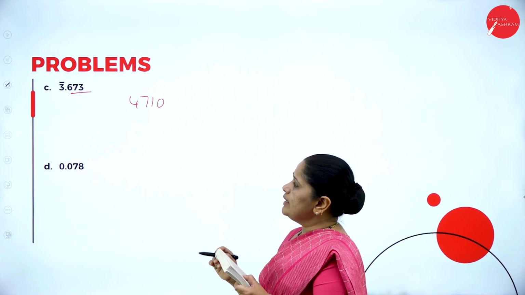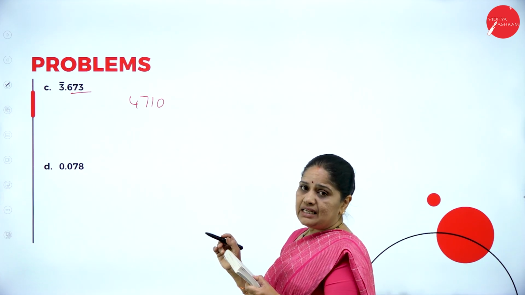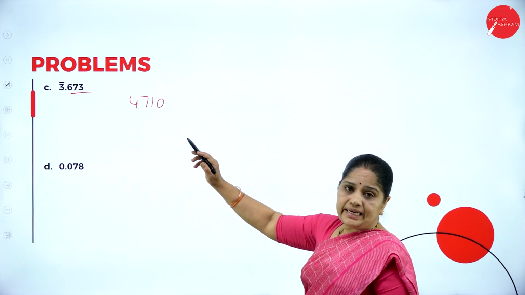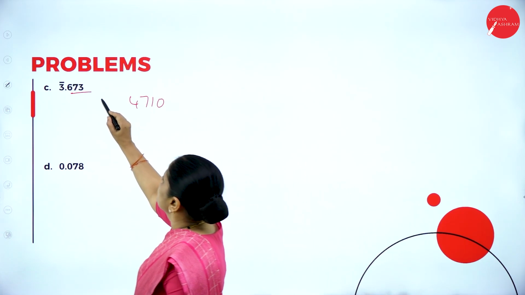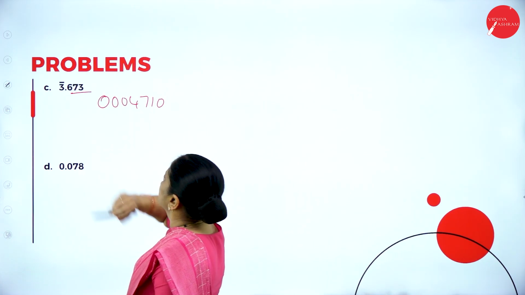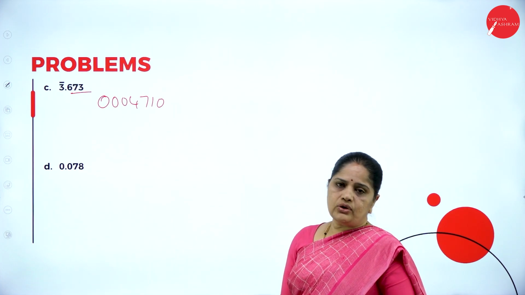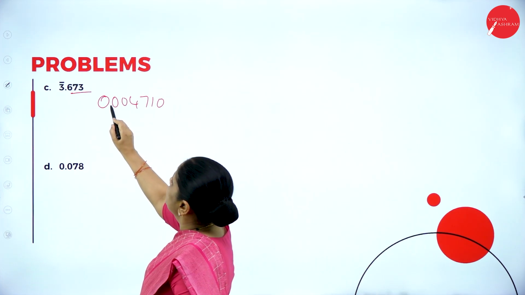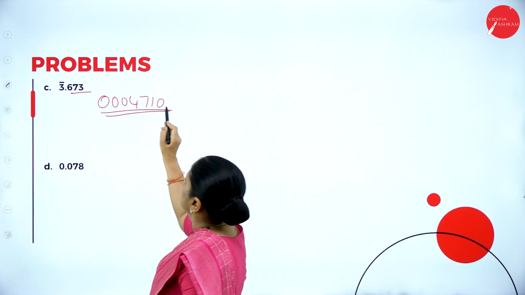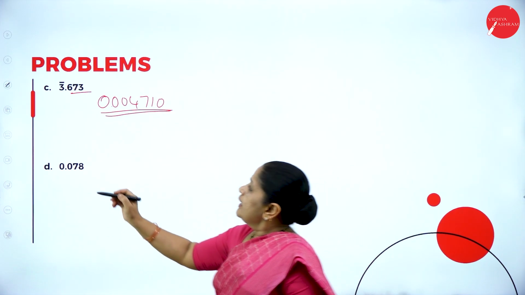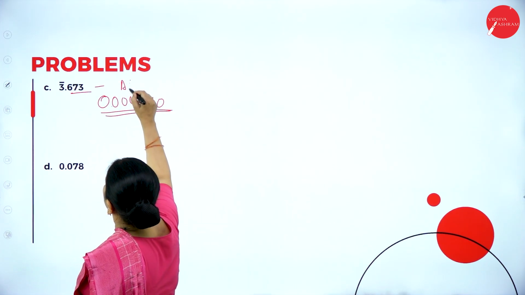So minus 3 plus 1 will be minus 2. So when there is minus 3, we add 2 zeros here. And after the first 0, I put a decimal. So this will be the anti-log value.